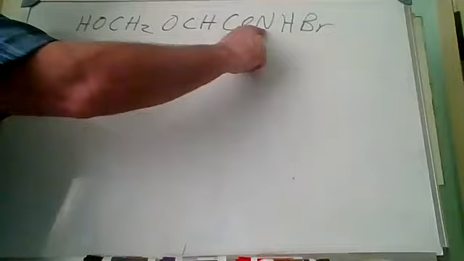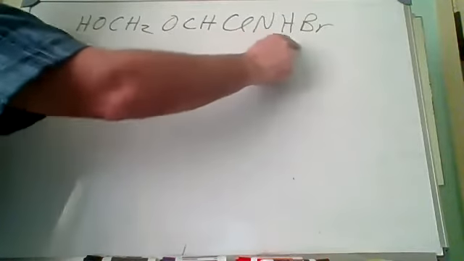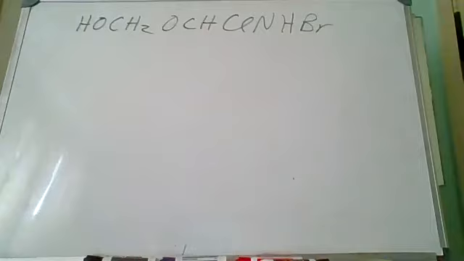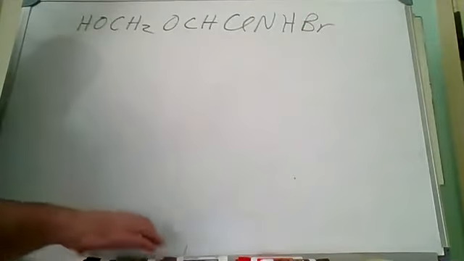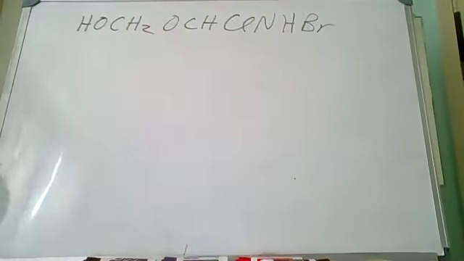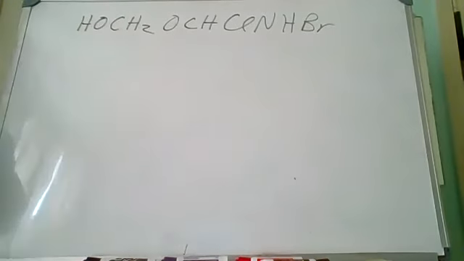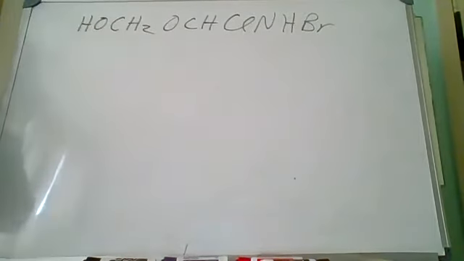Only 1 of them has a nitrogen, but it's NH2. This is not an amine group. Now here's an oxygen. What functional group might that be? Ketone? No, it's not going to be a ketone. We'll see. We should be aware that this is probably going to be a functional group. We're just not sure right now.